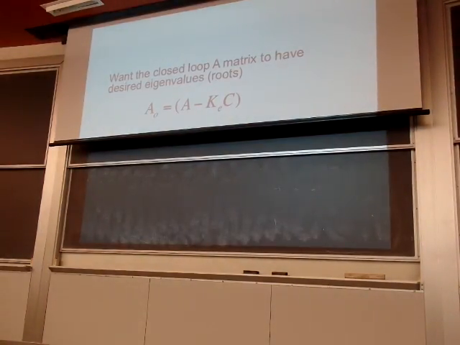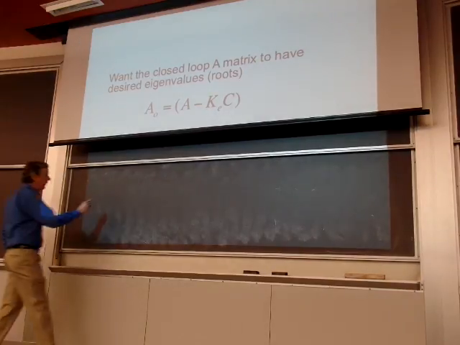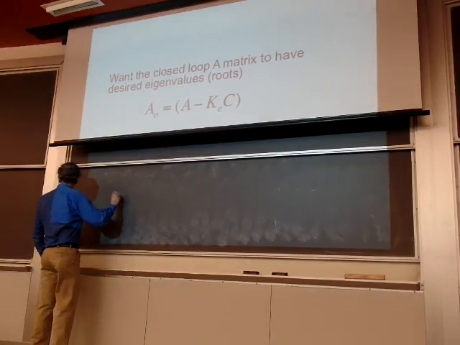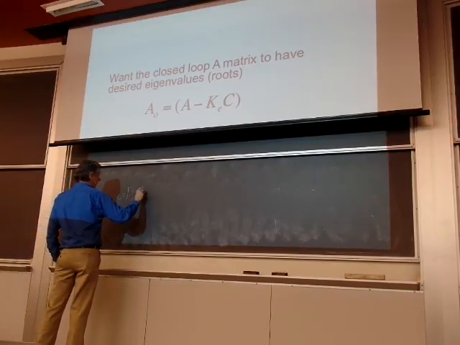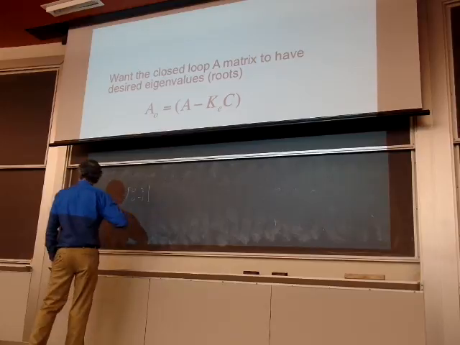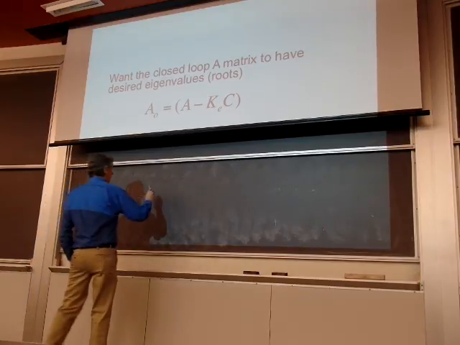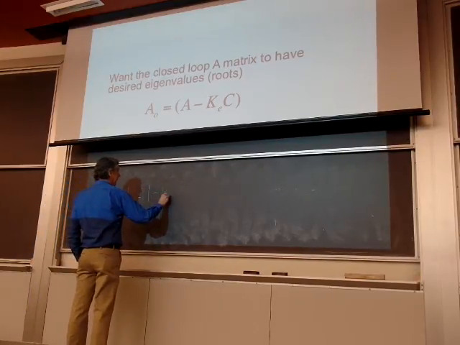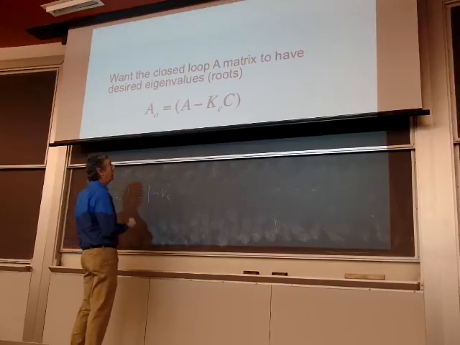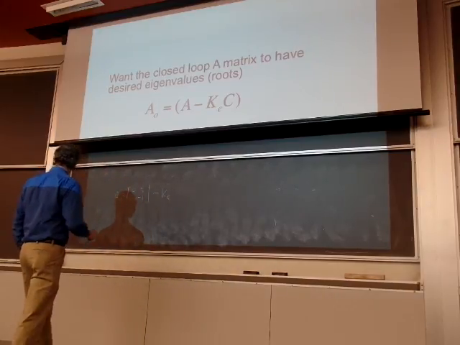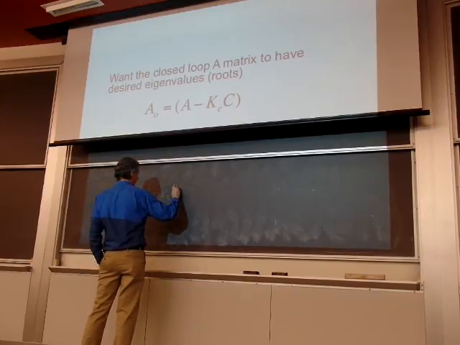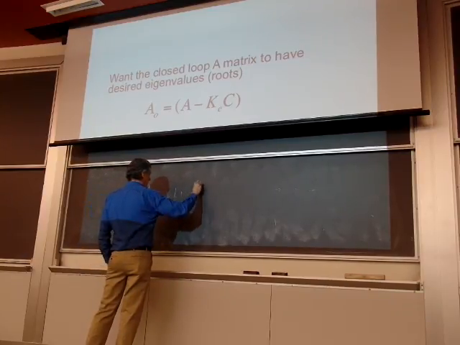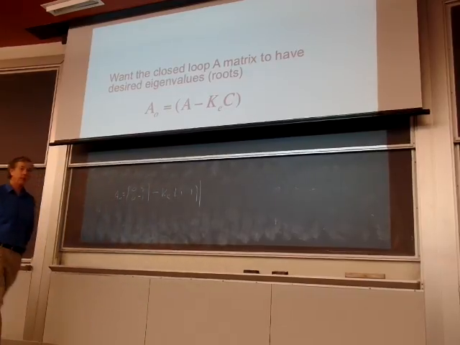There's our A matrix for the observable form. It's the original A matrix, which is 0, 2, 0, minus 1, minus KE times C, which is 1, 1. And K is in what form?